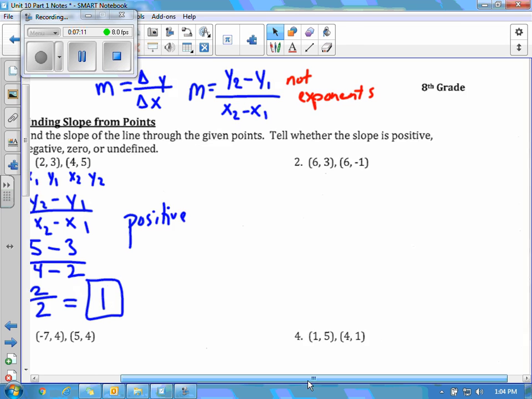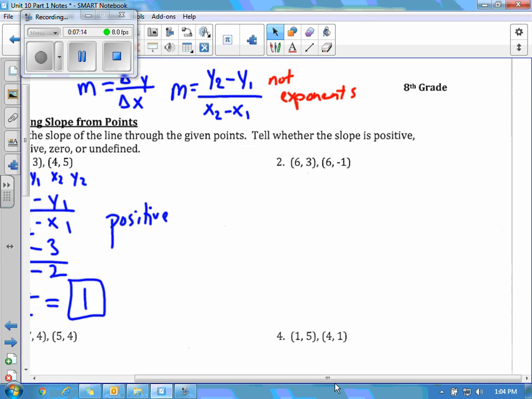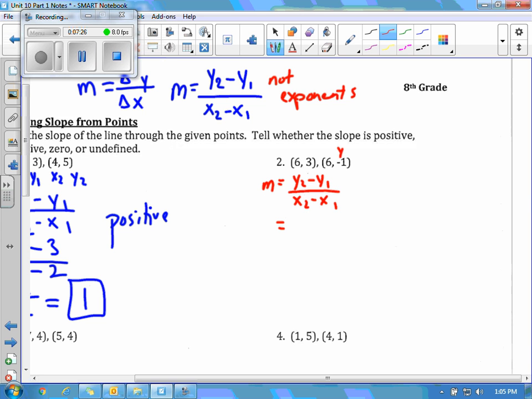Looking over at number 2. So remember that my formula is m equals y2 minus y1 over x2 minus x1. Again, m stands for slope. So now plugging in, y2 is going to be this negative 1 right here. So I have negative 1 minus y1, which is 3.